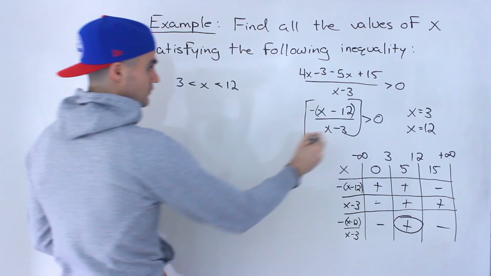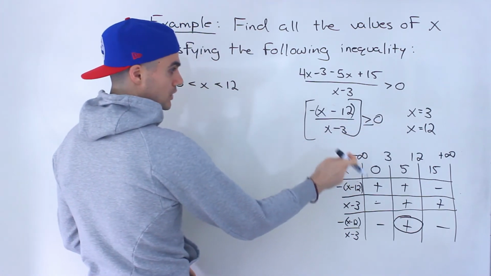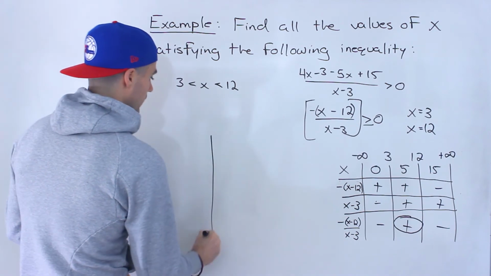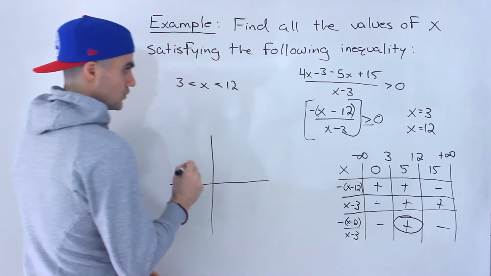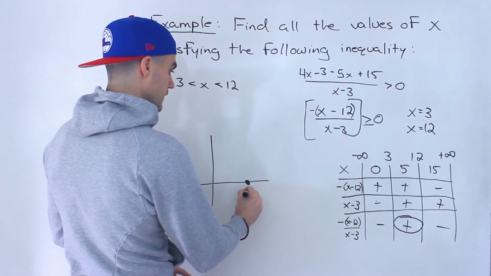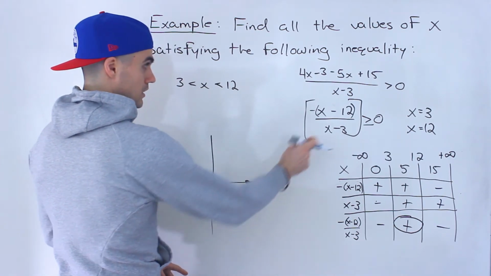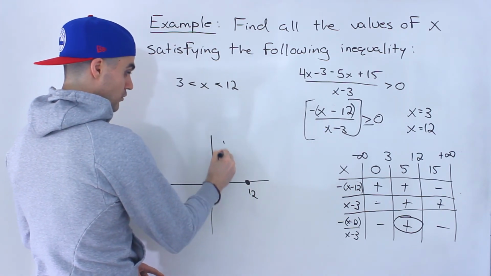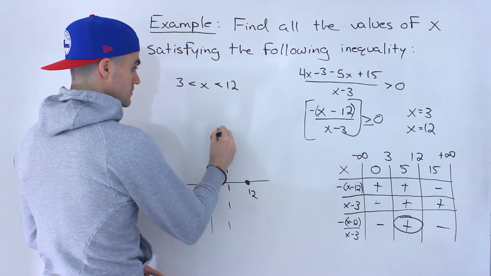Now you also have to be careful: if this were greater than or equal to 0, we wouldn't include the vertical asymptote. If you want a quick review from advanced functions of rational functions, we got 12 as the x-intercept, then we got an x value of 3 as the vertical asymptote.